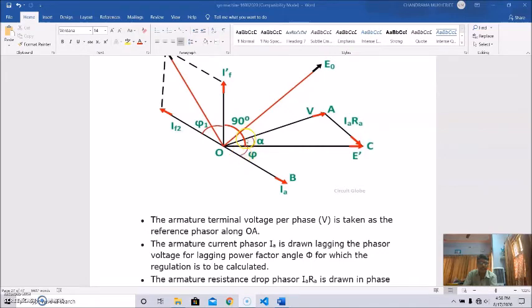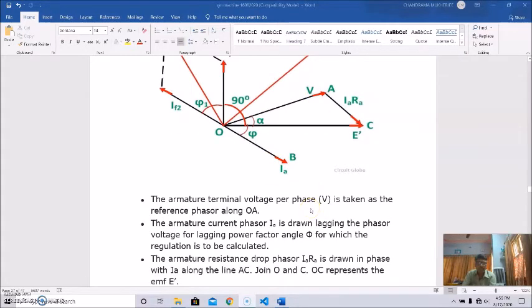So phi is the angle between V and IA, for which the regulation is to be calculated.